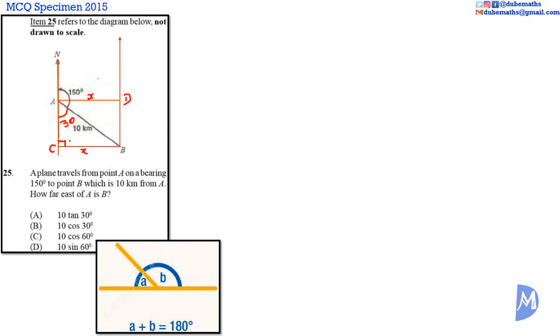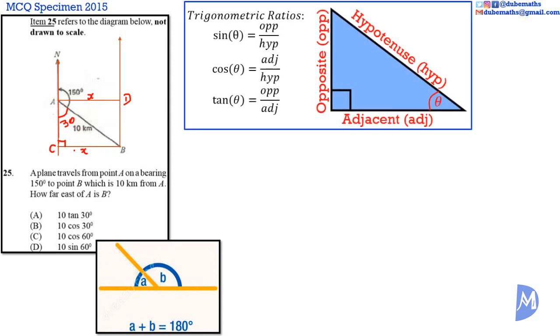In this right angle triangle, we are concerned with an angle, the hypotenuse, and the opposite. We can use the sine ratio. Sine theta is equal to opposite over hypotenuse. Therefore, sine 30 degrees is equal to opposite x over the hypotenuse 10 kilometers.